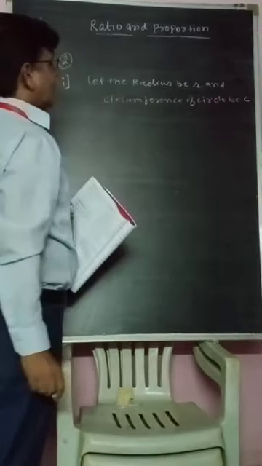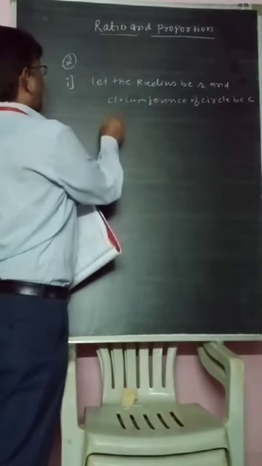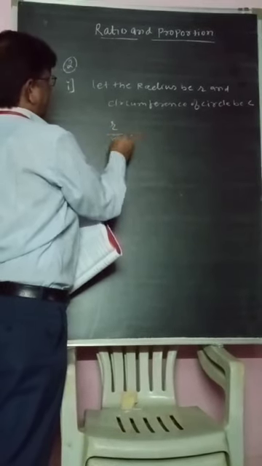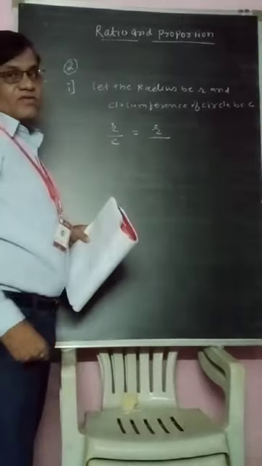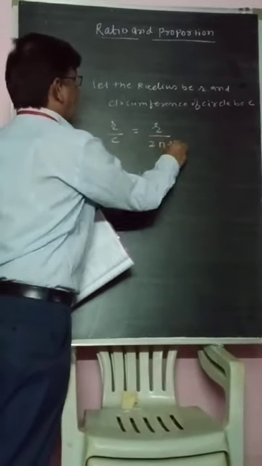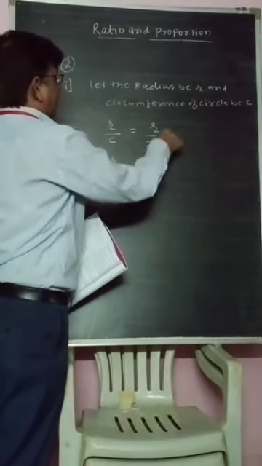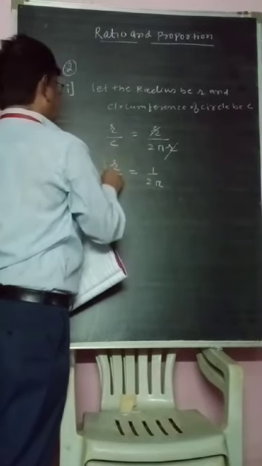Then you have to find out the ratio of radius to circumference, means r by c. Let r by c is equal to r by, what is circumference? The formula of circumference is 2 pi r. Therefore r by c is equal to r by 2 pi r, this r and this r get cancelled, so 1 by 2 pi. This is the ratio of the given question.